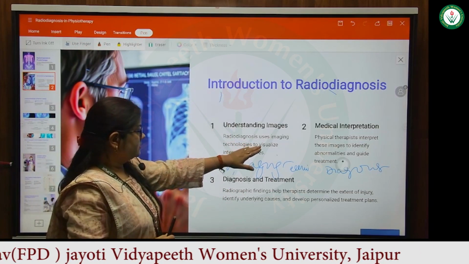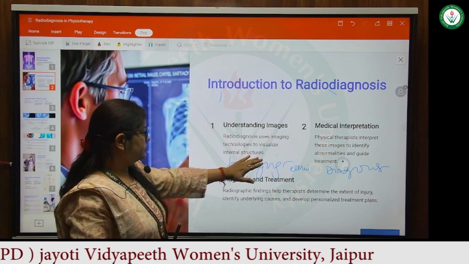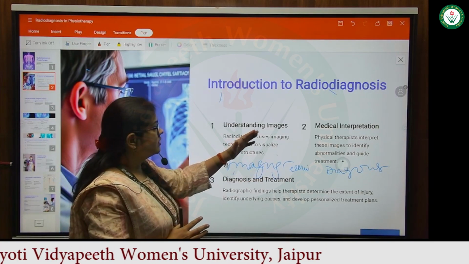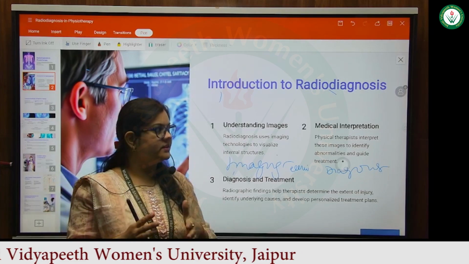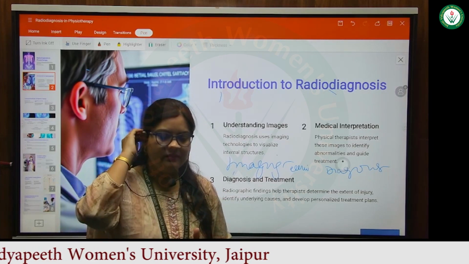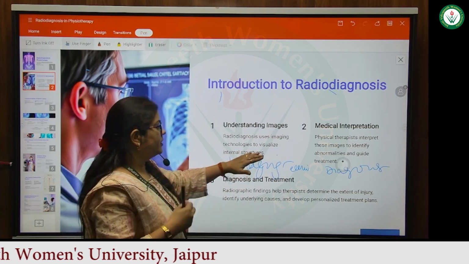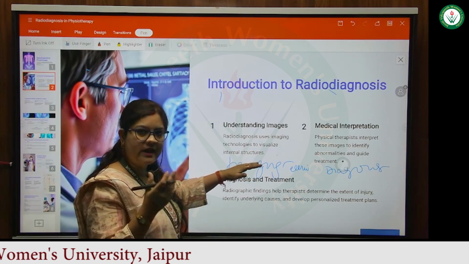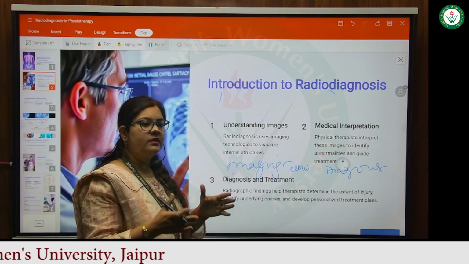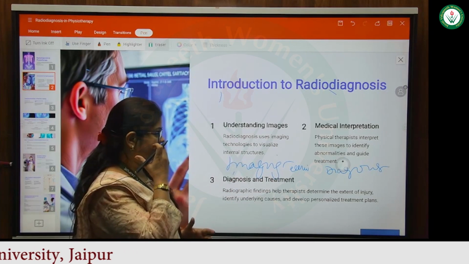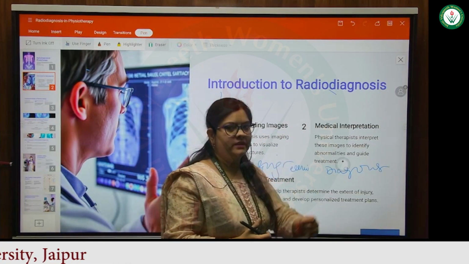Now, radio diagnosis uses imaging technologies to visualize the internal structures. So whenever we are understanding the images, basically we are getting the concept of the internal structures which we are visualizing, we are identifying the main internal aspects of that particular structure. So the second thing is the medical interpretation.